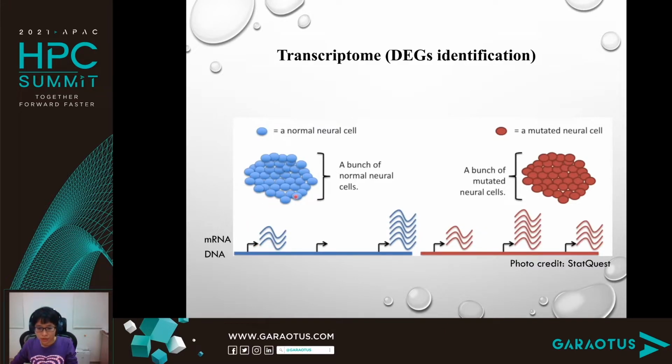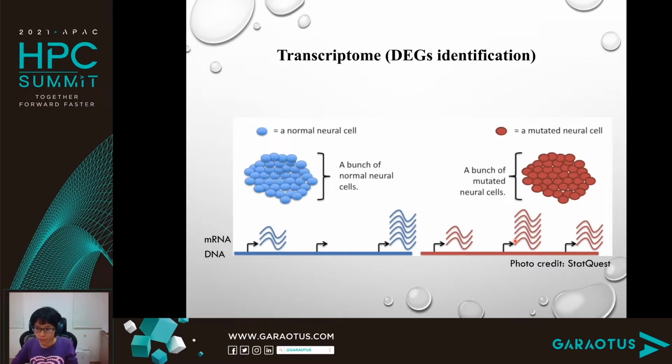The expression pattern in our normal cell looks like this, and the transcription pattern in our mutated cell looks like this. Then we will be very interested in the second gene, because this second gene doesn't express in normal cells, but is expressed a lot in the mutated neuron cells.